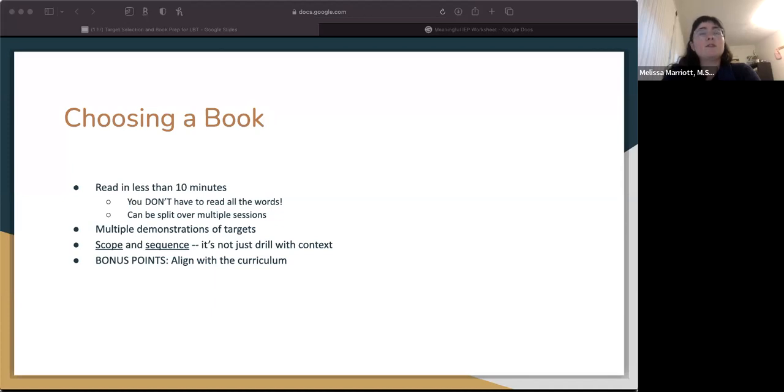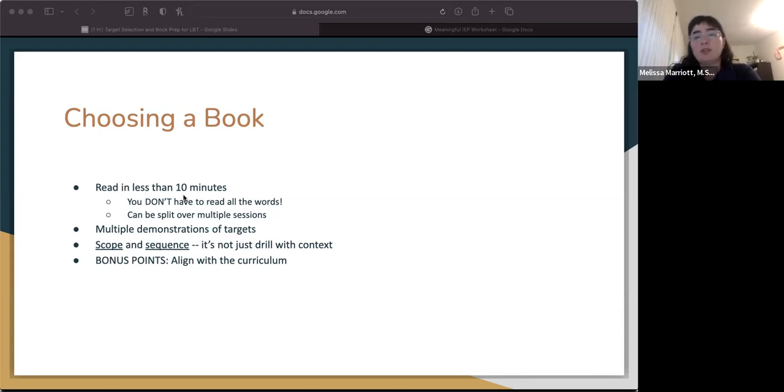The impetus behind this is that I don't want to spend so much time focusing on reading the book that we're not actually able to target the goals, right? Rarely am I targeting the goals just through reading the words. But there's some flexibility there, right?